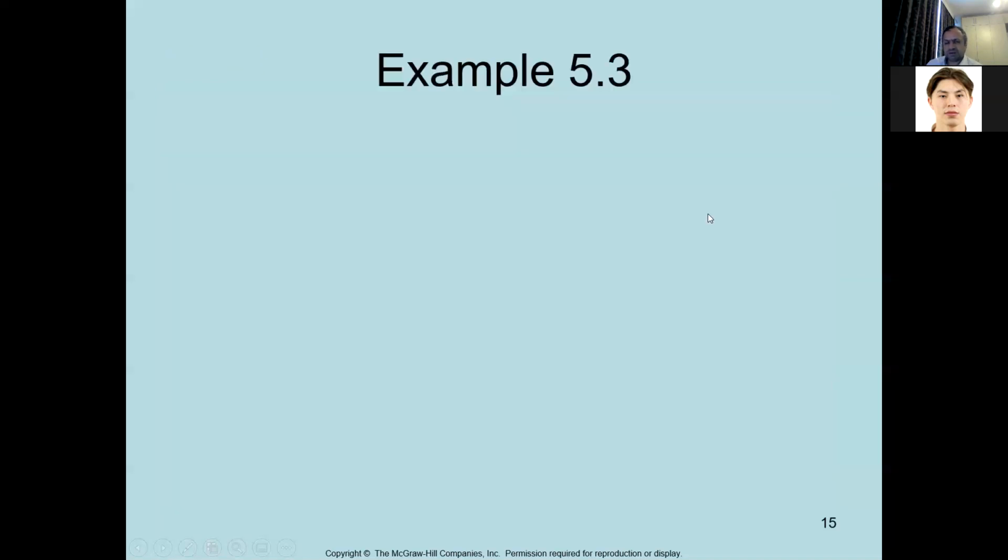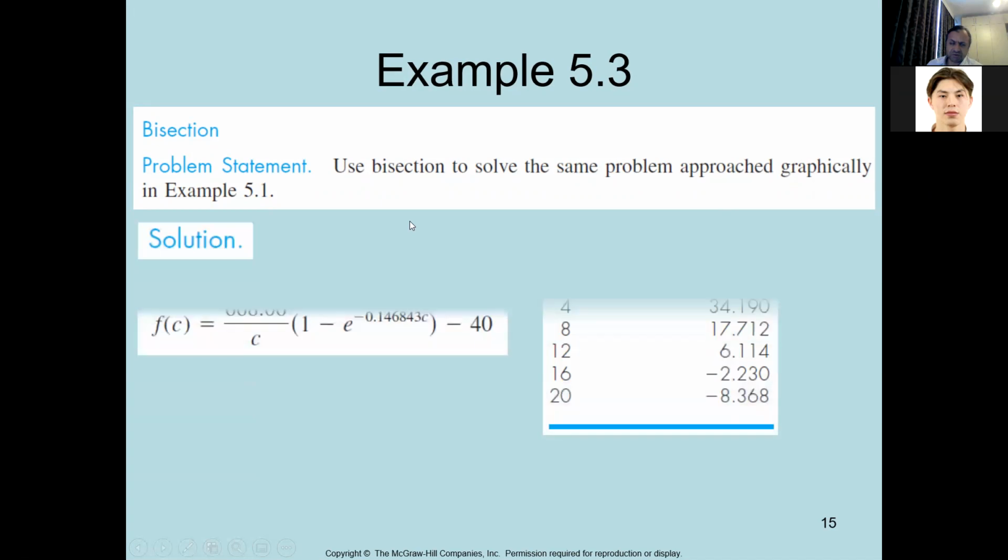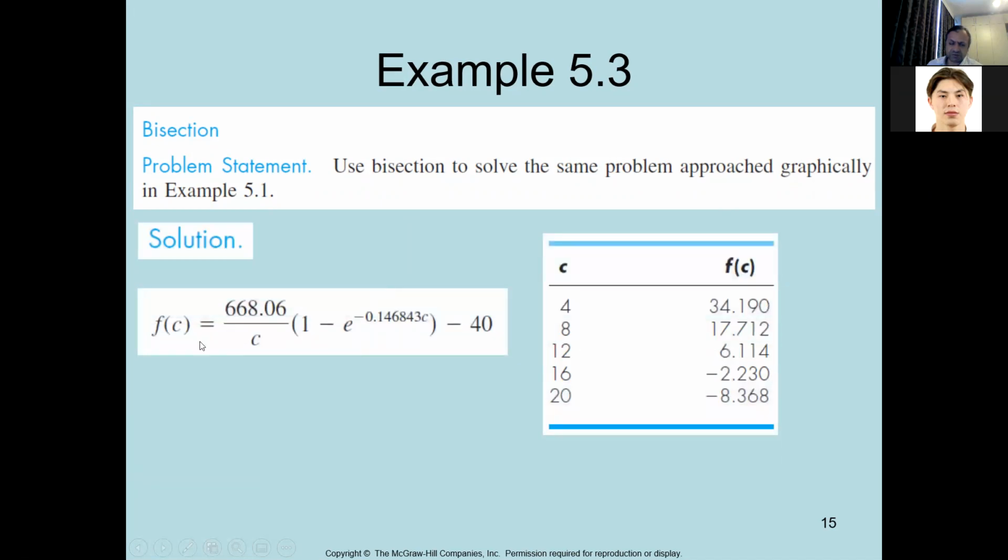Okay, let's see example 5.3. By using the bisection method, solve this same problem approached graphically as in example 5.1. So before you forget what was in example 5.1, we solved graphically this equation for the value of C, and for various values of C we can find the values of the function.